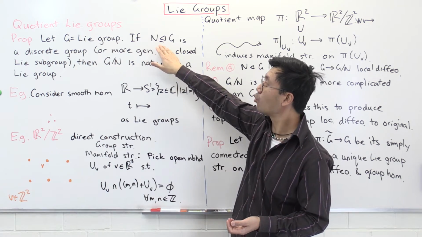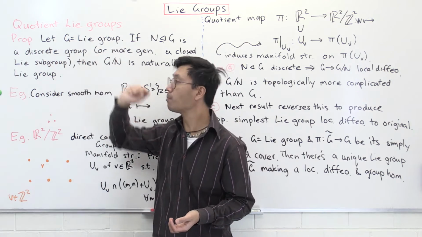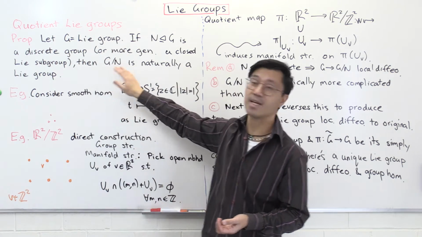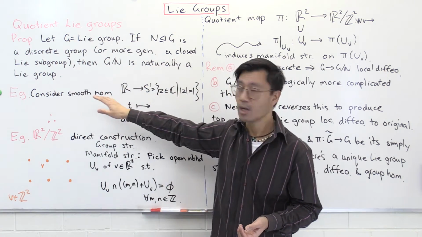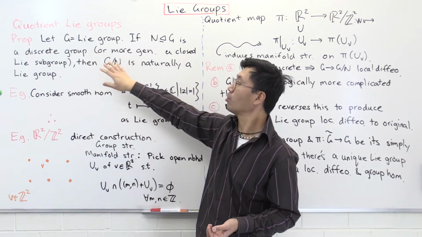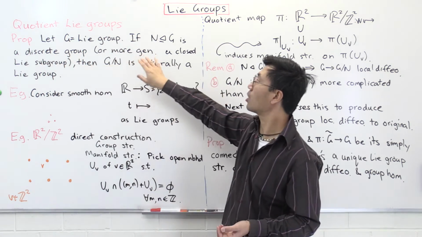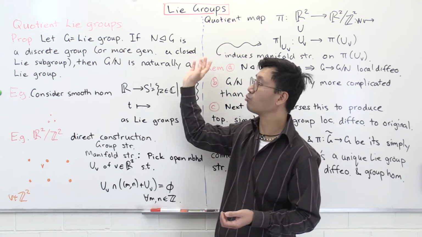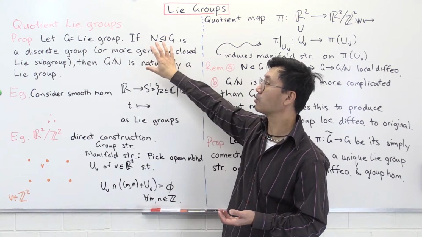If this normal subgroup is a discrete subgroup, then G mod N is naturally a Lie group. In fact, you can generalize this a bit more, not just to discrete subgroups but also to closed Lie subgroups, but I won't talk about that today.